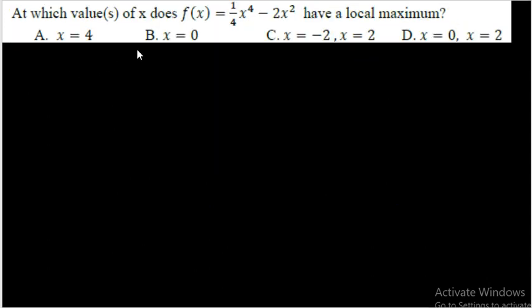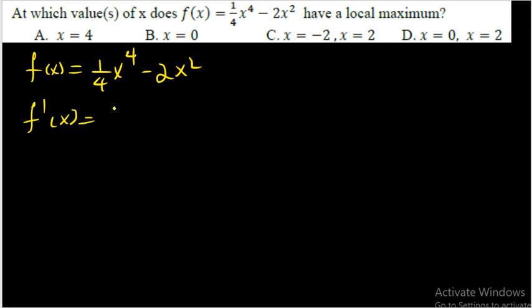Next one, at which values of x does the function have a local maximum? Again, we have a function f of x which is equal to 1/4 x to the power of 4 minus 2x squared. This is a power of 4. Okay, local maximum, that means I have to derive it again.